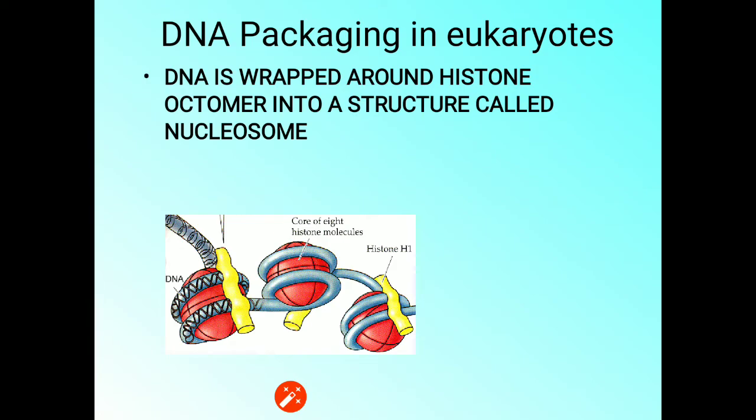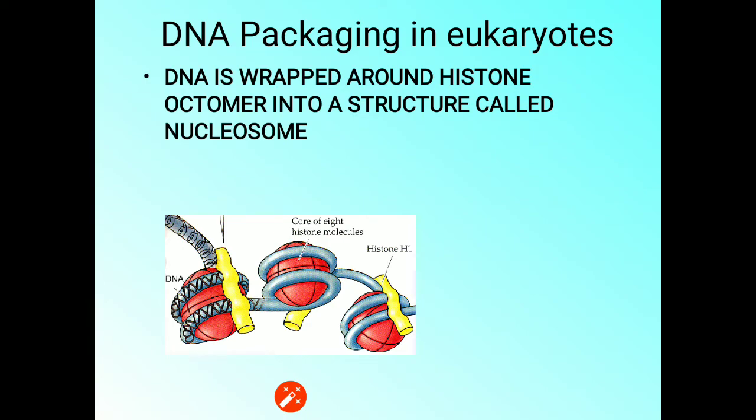As I have discussed with you, the DNA is arranged in the form of chromatin threads, and on the chromatin threads we are able to see bead-like structures at equal distances. Those bead-like structures are termed nucleosomes, which are made up of histone proteins on which the DNA has been supercoiled.